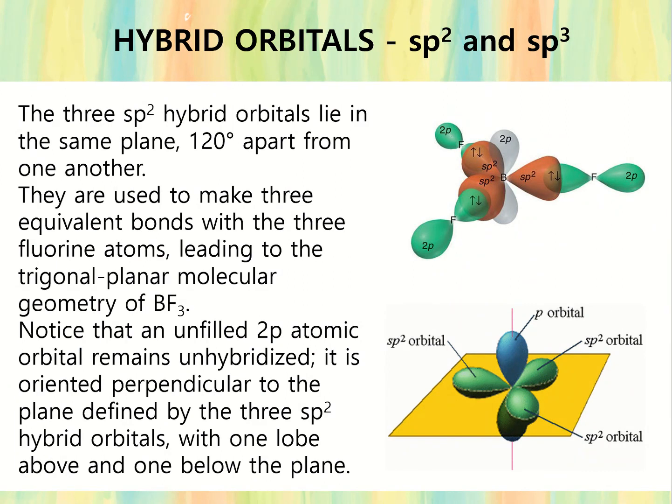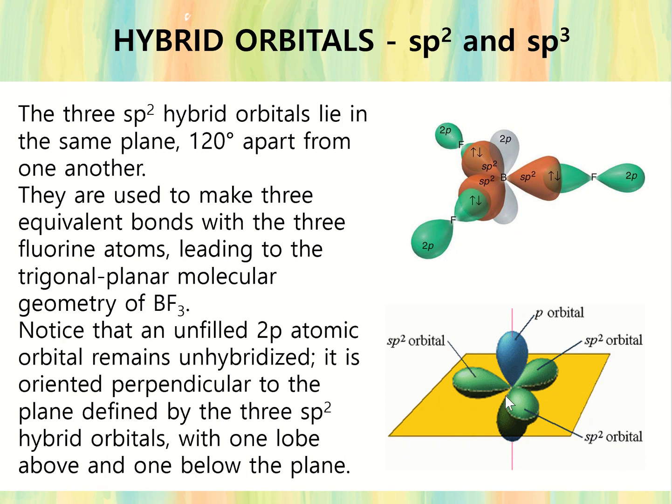The three sp2 hybrid orbitals lie in the same plane, right? This is how it looks in the same plane. Just imagine it being on a sheet of paper, 120 degrees apart from one another.